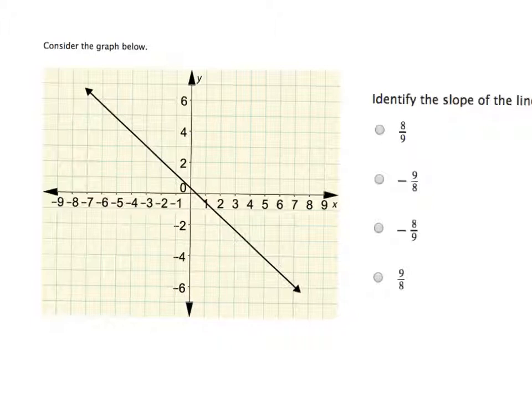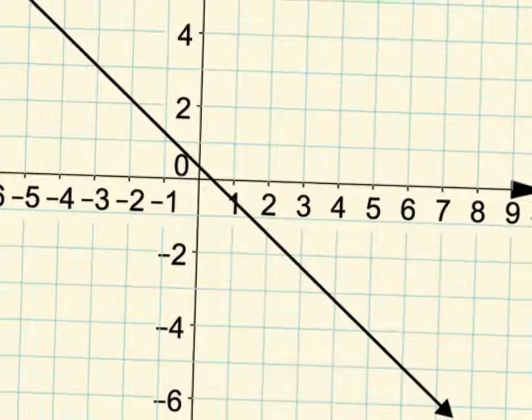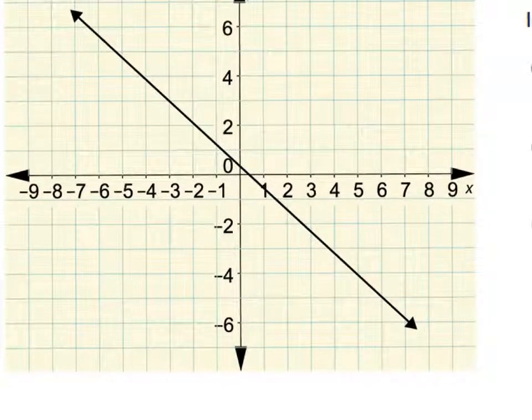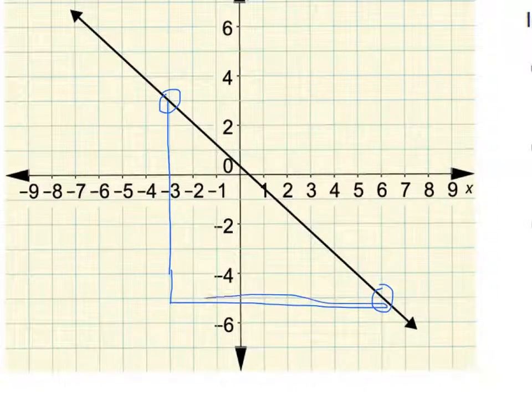You will also be doing more practice with just finding the slope like you did hopefully with IXL last week. So again, I'm going to blow this up a little bit so we can see. And I'm going to find 2 points, because the slope of any given line is always the same no matter what part of the line you're looking at. I'm going to just find 2 points where it crosses exactly. And this one is kind of tough. So it crosses right here and I think right here. So I'm going to draw in my right triangle and I'm going to count 1, 2, 3, 4, 5, 6, 7, 8.